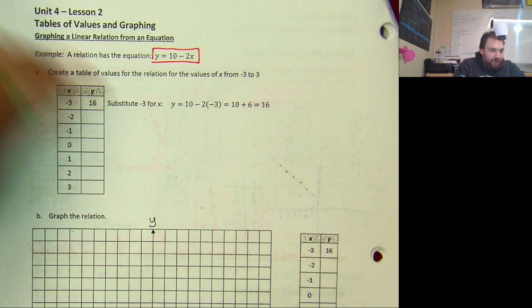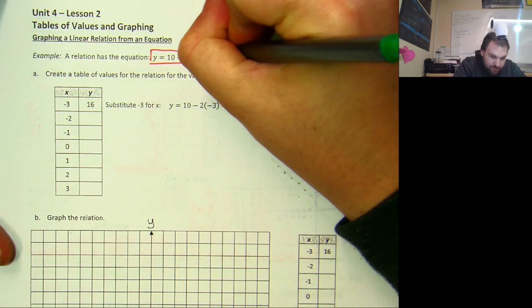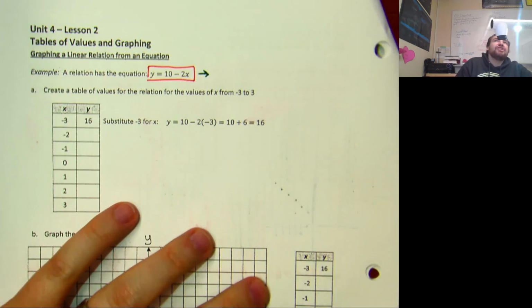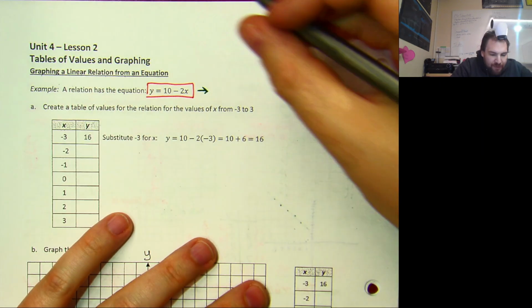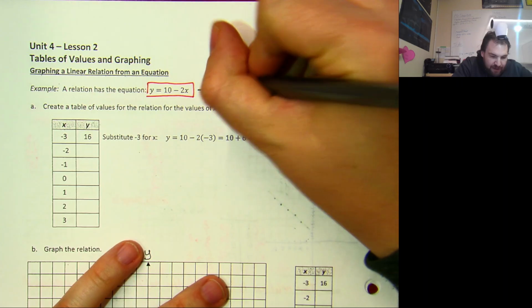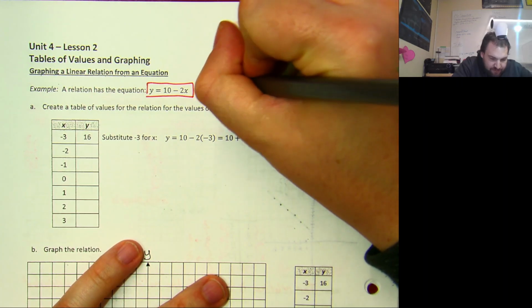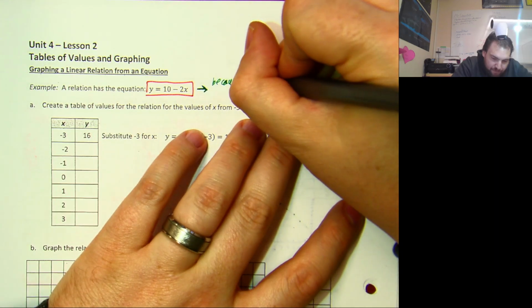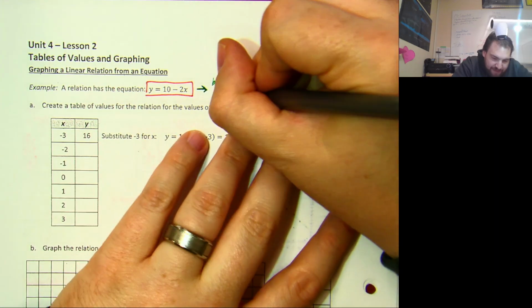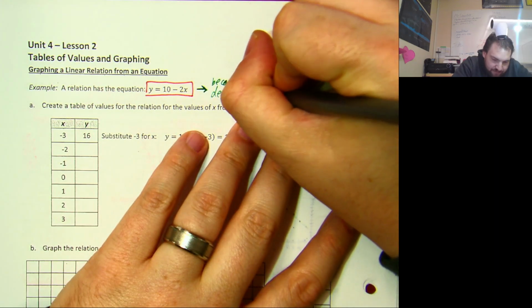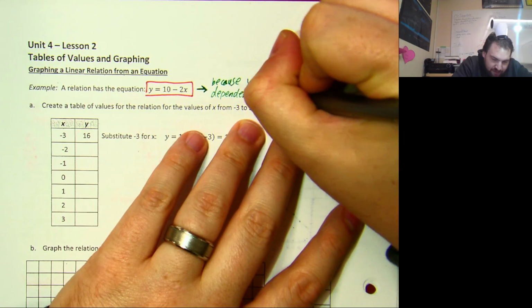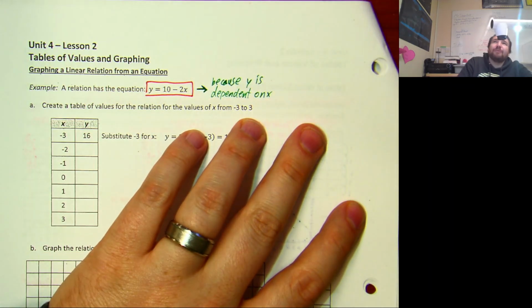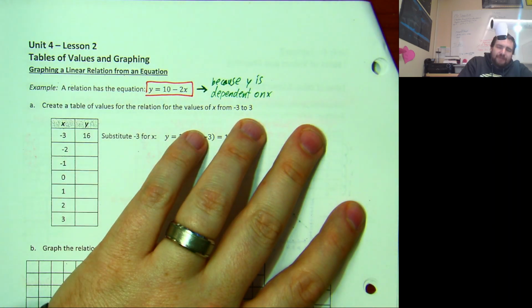Here's some more language for you. When we're talking about a relationship like this, we say that y is dependent on x.